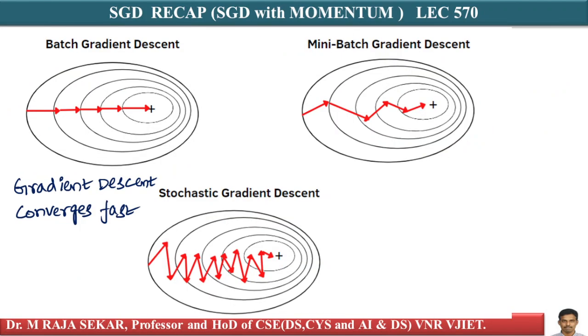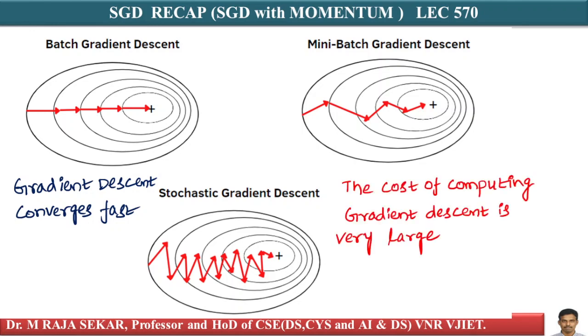Gradient descent is going to converge fast in fewer steps. Gradient descent, or GD, converges in 3 or 4 steps. Stochastic gradient may take 10 to 15 steps. The cost of computing gradient descent, this is important, is very, very large.